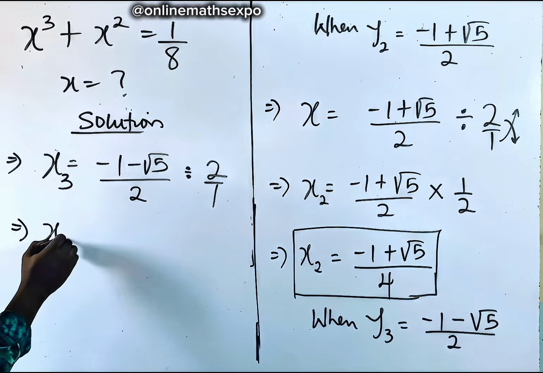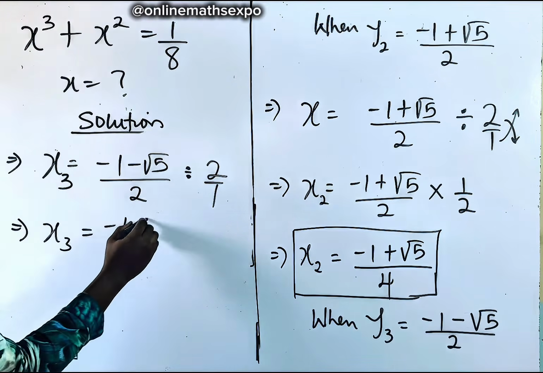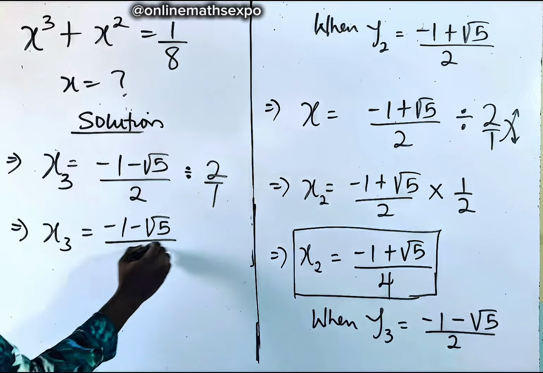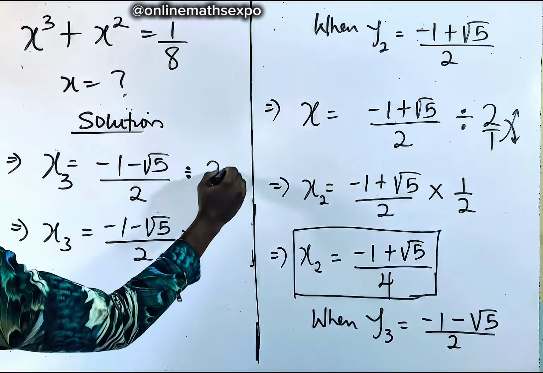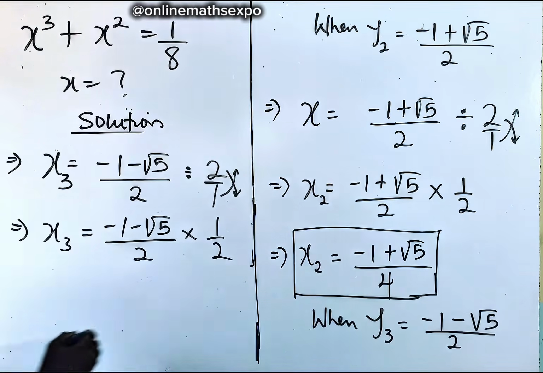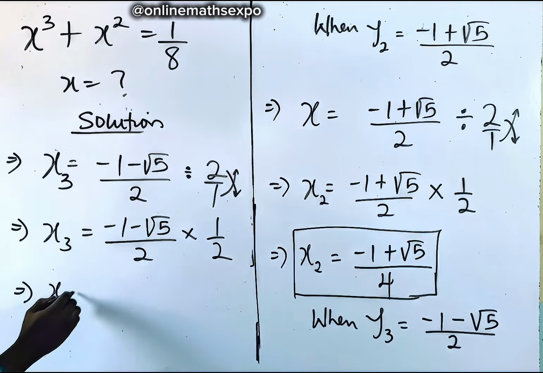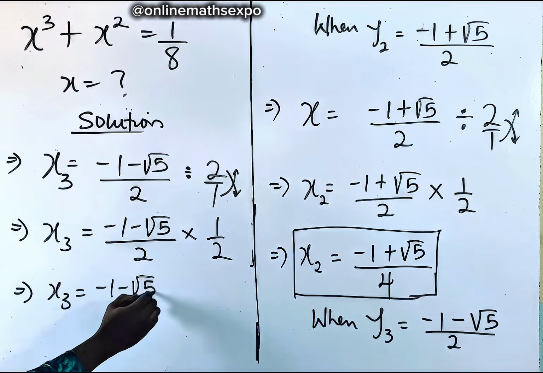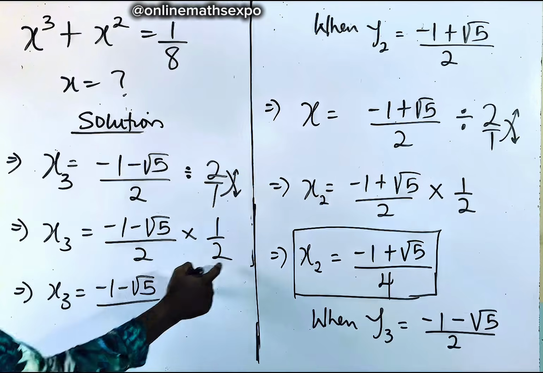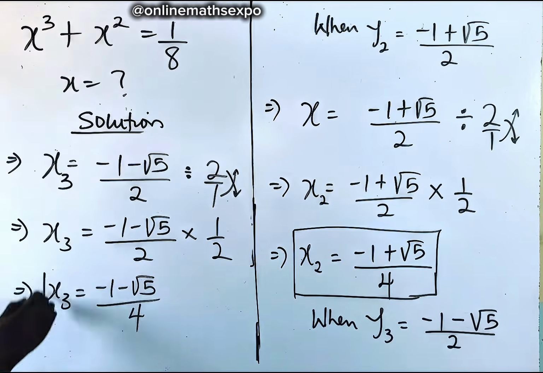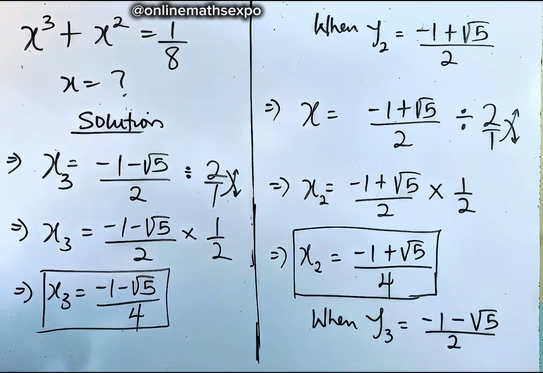So we have negative 1 minus root 5 over 2 times half, and that gives us the third value of x is negative 1 minus root 5 over 4. So this gives us the third value of x.